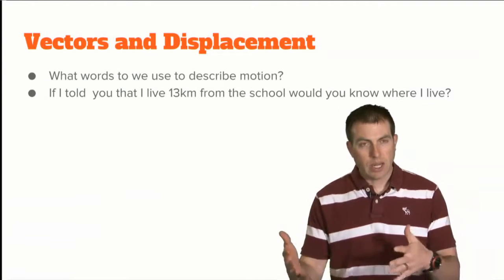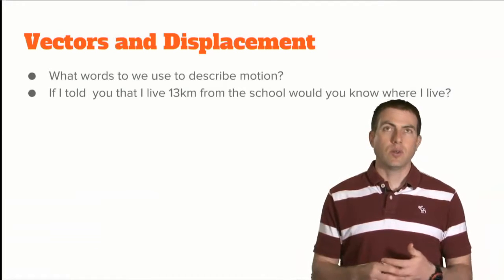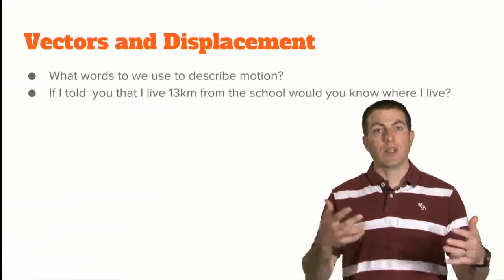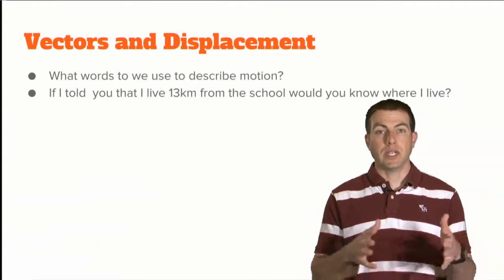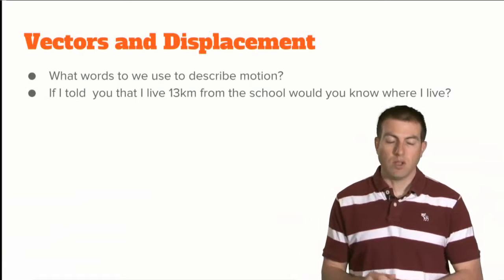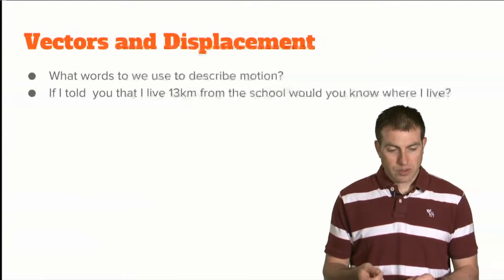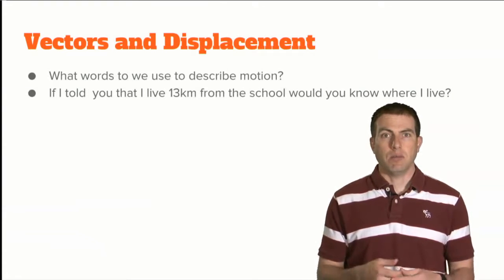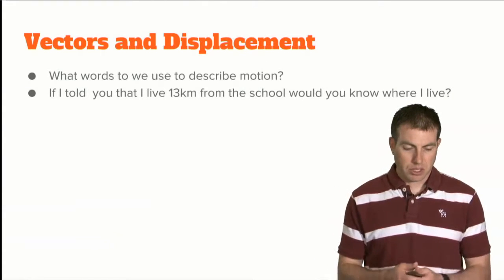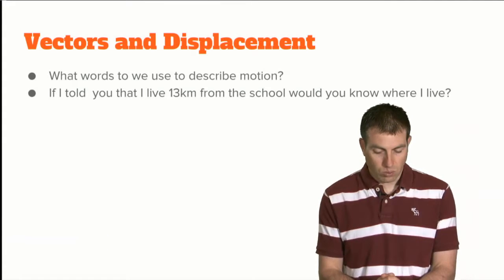So Units 8 and 9 are kind of more like a math class than they are like science, so we'll be describing motion and how things move and trying to predict where things will be, and talking about speed and velocity and stuff like that. And there's some math involved with it, pretty basic math, but multiplication, addition, subtraction sort of stuff. So that's kind of where we're going to be.